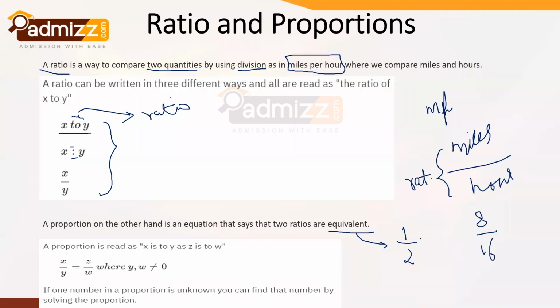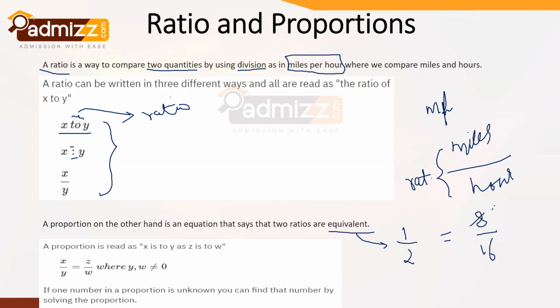These two ratios are equivalent, they are not equal. For them to be equal, the numbers in the numerator and the denominator should be the same. But in this case, the numbers are quite different, but the ratio in its totality is the same.